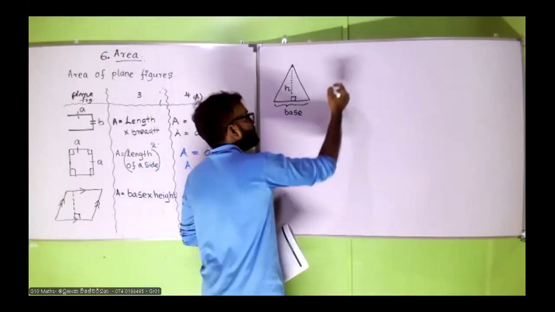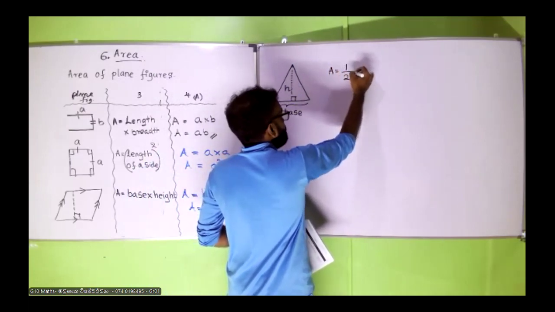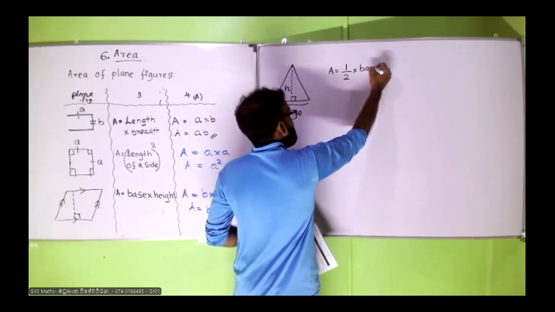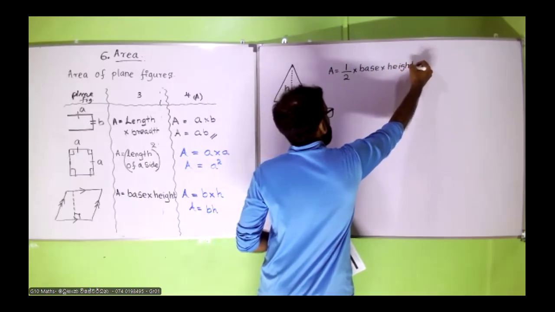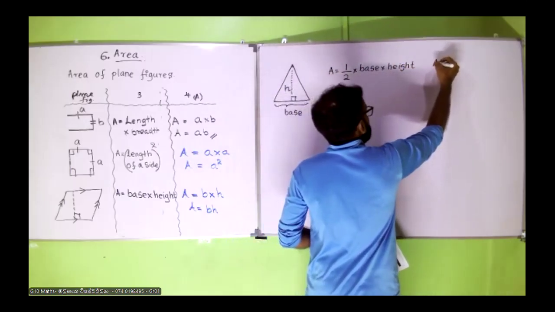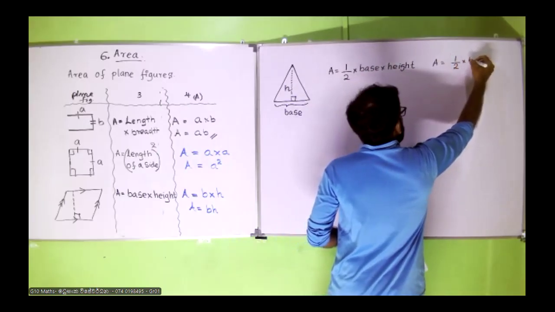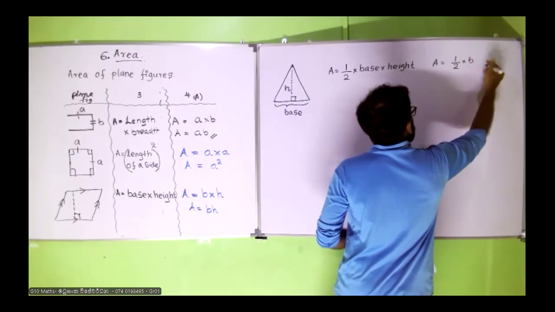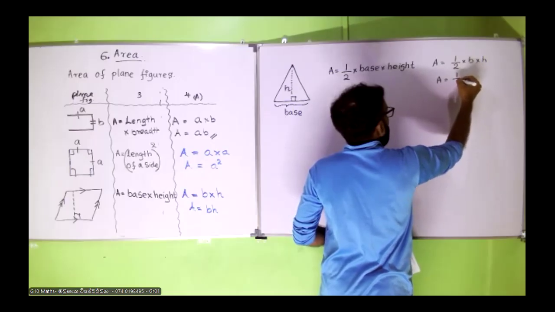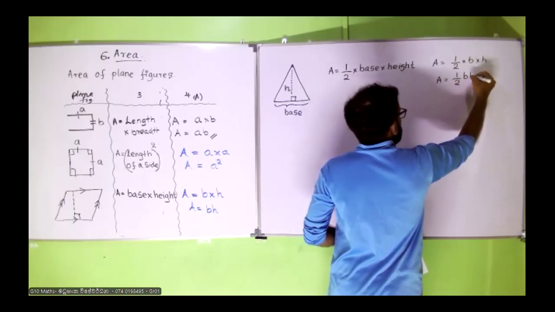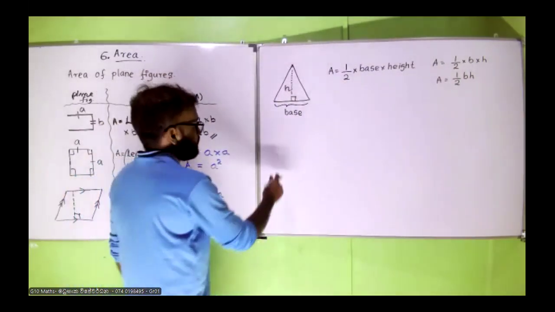So when you are finding this, A equals half into base into height. You need to remember those things. Half into B times H. So finally you can apply this, A equals half BH. Okay, then trapezium.